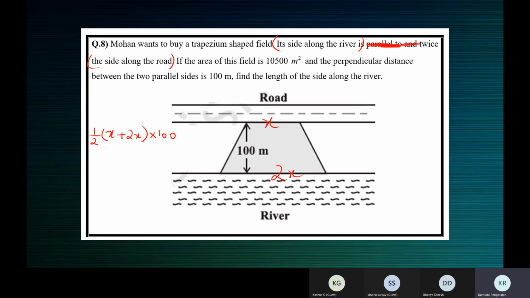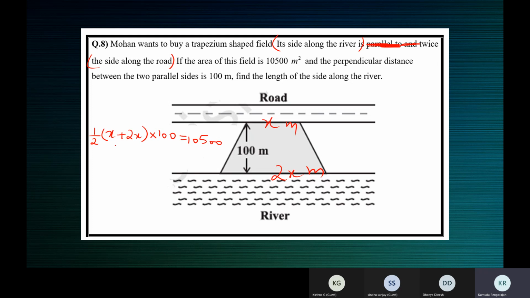So half sum of the parallel sides into distance between them is equal to, what is it given? 10,500. See, we have assumed everything is in meters, children. 100 meters, x meters, 2x meters, all in meters. When you construct an equation, the numerical values as well as the variables you assume, all of them except the constants, like half, must be in the same unit.